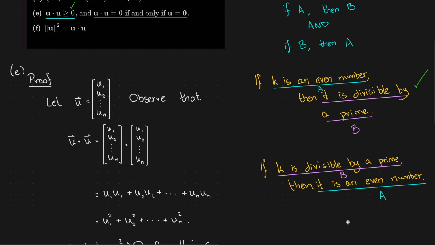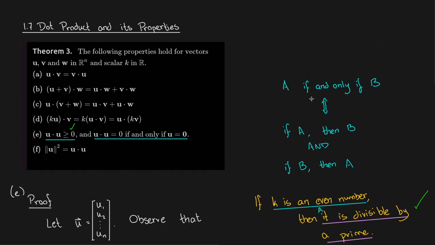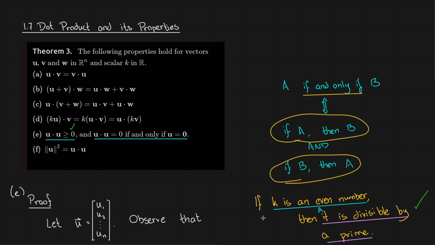If K is divisible by a prime, then is it an even number? Well, obviously not. Let me think of a better example. 9 is divisible by a prime. 9 is divisible by 3, but 9 is not an even number. So this statement is false. When we see if and only if, that means we need this to be true and also this to be true. And so usually we have to prove both directions.